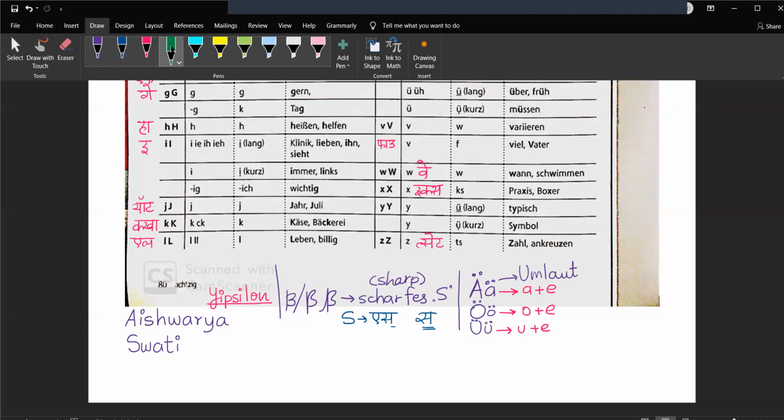And therefore, if you are, say, typing a document, and this only applies to typing on computer, not when you are writing something, if you don't know how to write umlaut, it's completely fine if you write AE together. Similarly, OE together and UE together. There are very good chances that if you do this, if it's a Word document or a Google keyboard, it will automatically suggest you to write the umlaut.